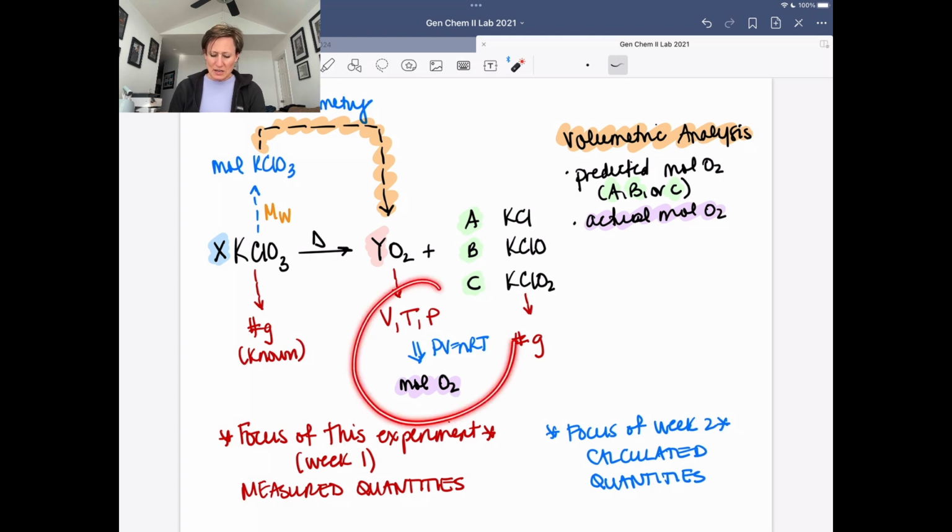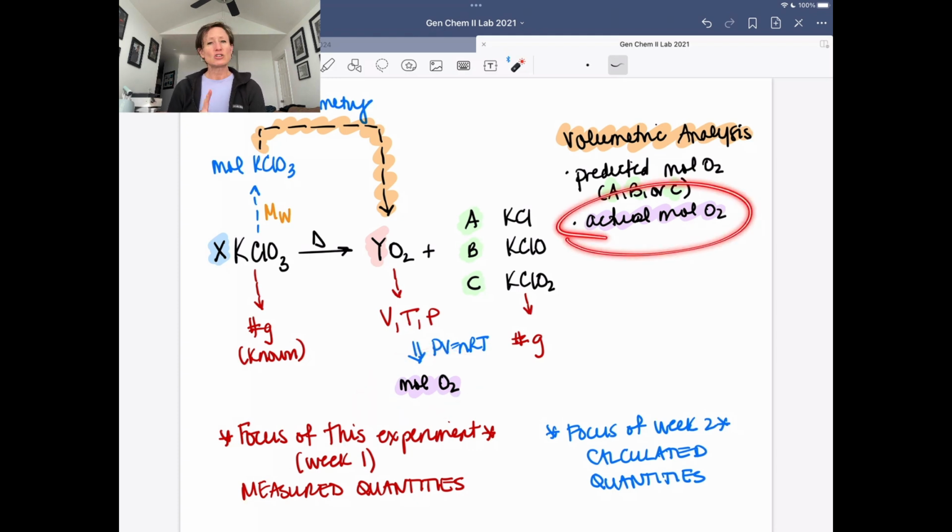And then using PV equals nRT, right? There's 4 properties that describe a gas: the pressure, volume, temperature, and quantity in moles. Those are all equal to our R gas constant. So we can use, again, our R gas constant and 3 of the 4 parameters to determine the one that we don't know. So we will determine the actual amount of oxygen that we made, and then compare that to, for these 3 separate reactions, what is the predicted amount?